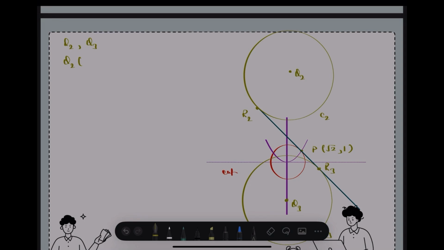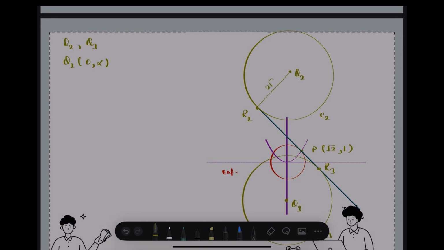So you know that the center of the circle C2 is on the y-axis. So can I say its center would be at 0 comma alpha? Correct or wrong? If it is 0 comma alpha, you already know the distance.